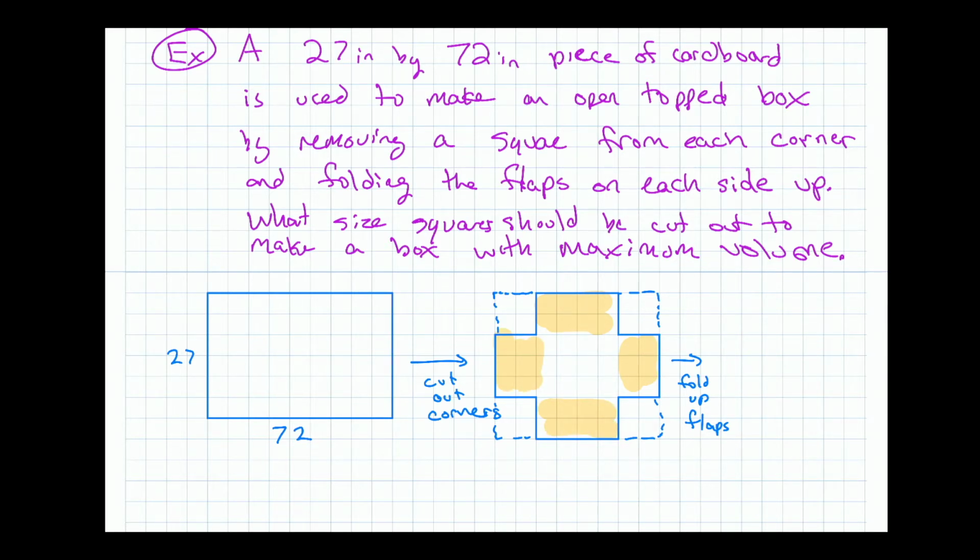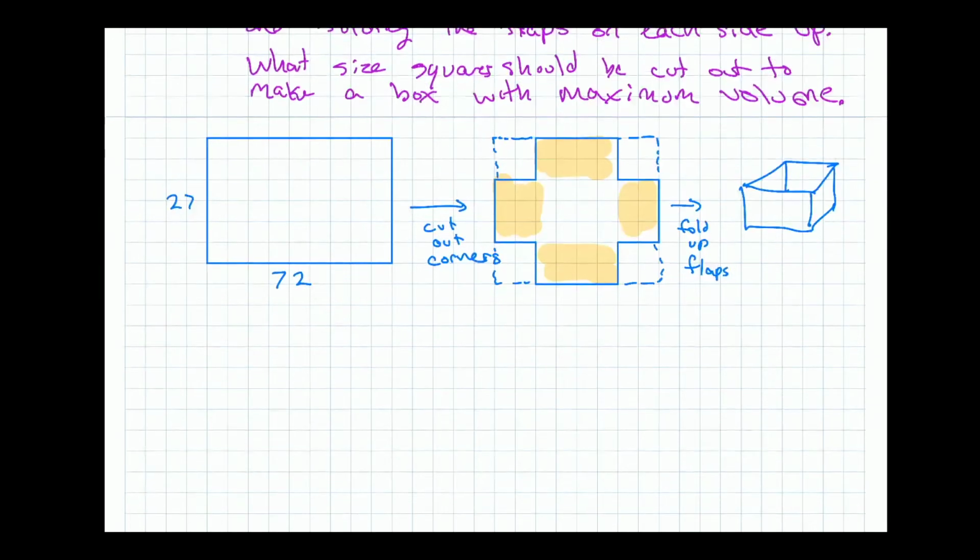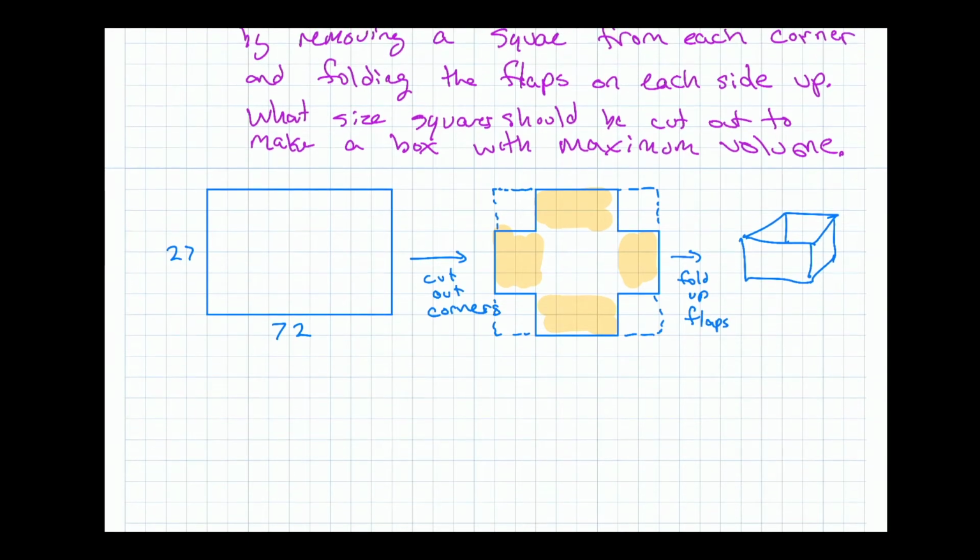So you fold those sides up, and then you get a box like that, right? And the top is going to be open, because if you fold up the sides, there's not going to be a top to the box, but there'll be a bottom to the box. Right? Does that make sense? So that's how you make a box.